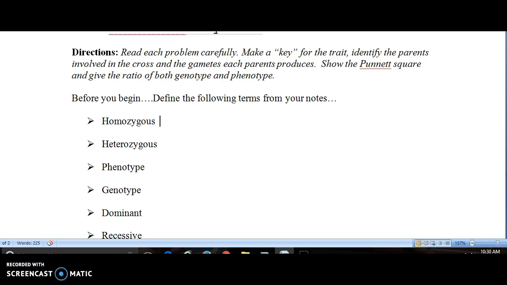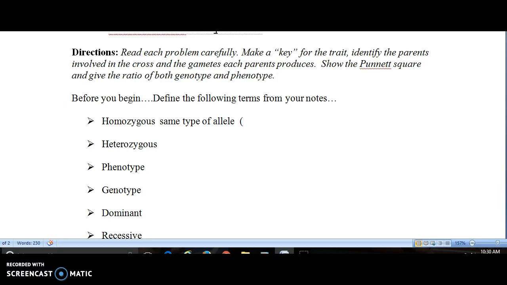So if they ask you about something that has a homozygous trait, that means this has the same type of allele. An allele is a variation or type of a trait. Sometimes in genetics we use letters to represent traits. So you are getting traits from both parents that contribute to the trait.